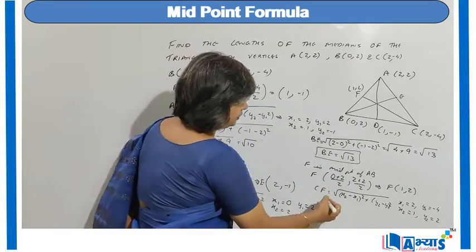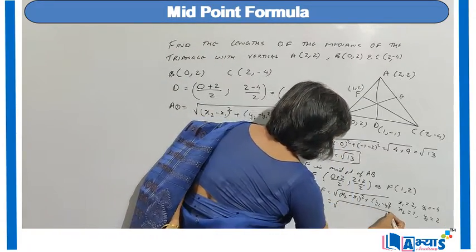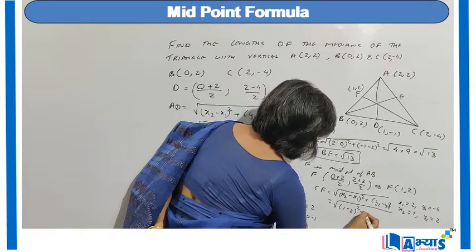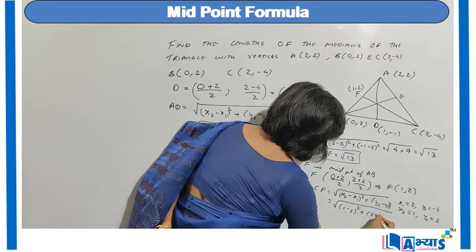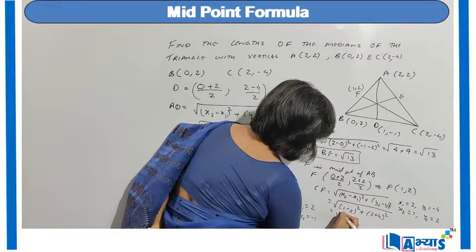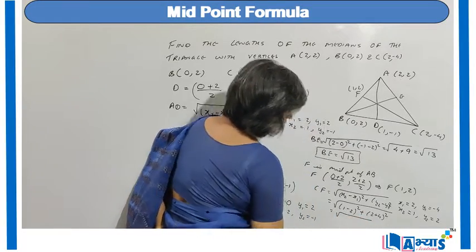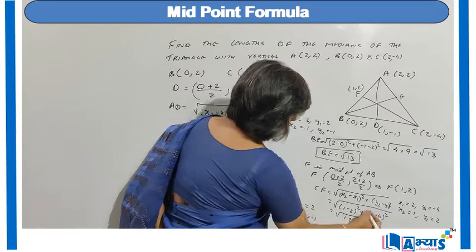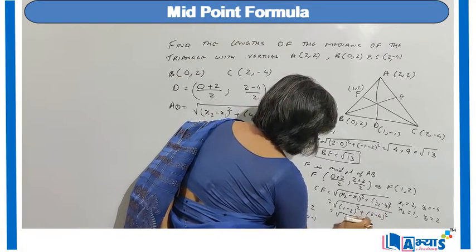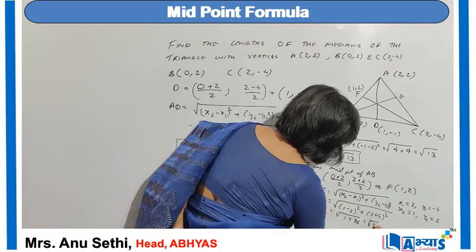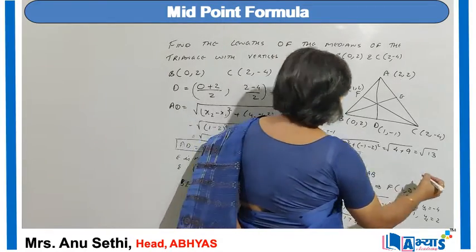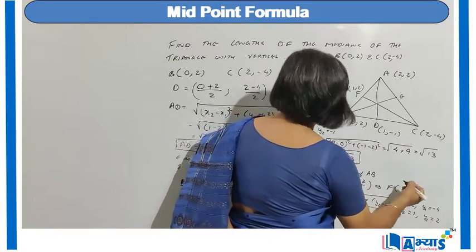So we will substitute the values and we will get 1 minus 2 whole square plus 2 plus 4 whole square. So it will be equal to 2 minus 1 is 1 and square of 1 is again 1. 2 plus 4 is 6 and square of 6 is 36. So it will be equal to root 37. So the length of CF is equal to root 37.